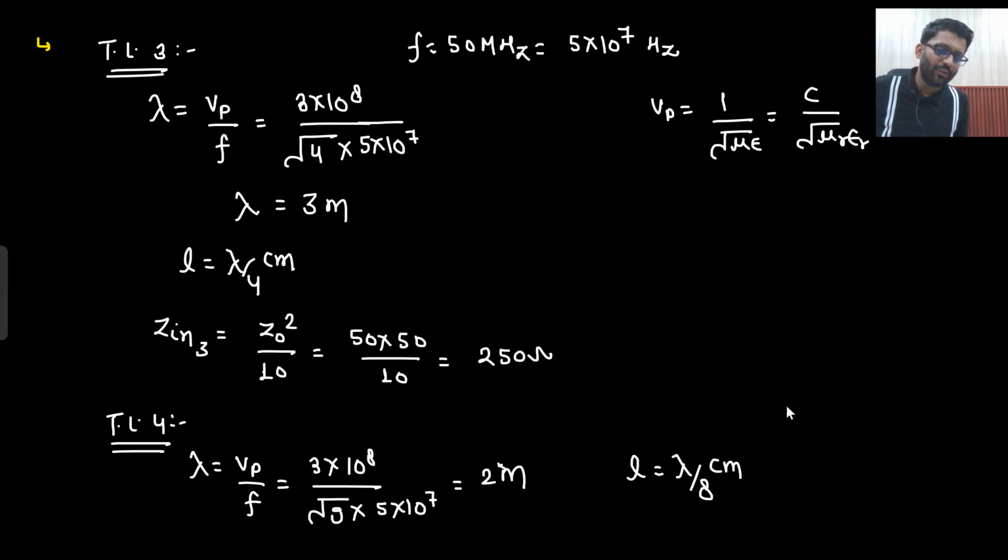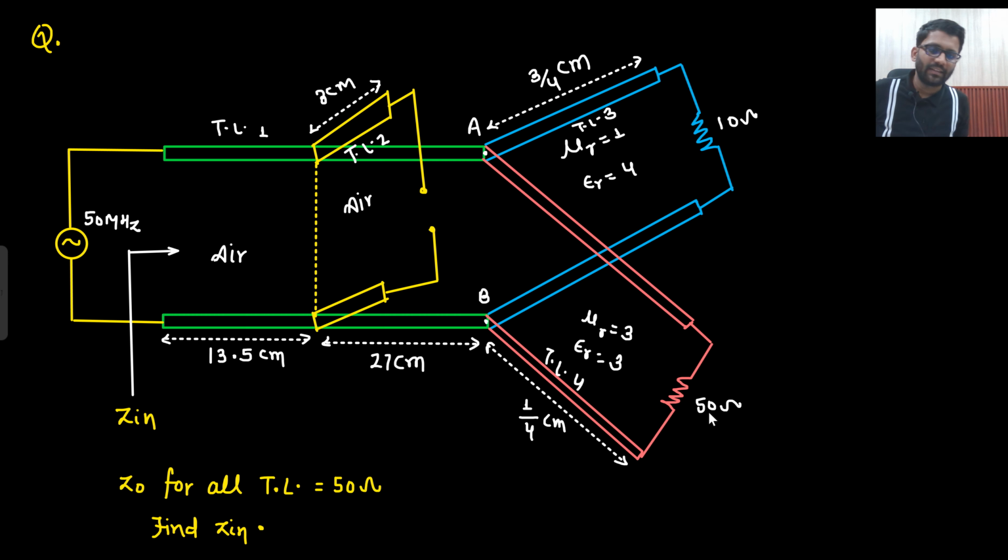So what will be the value of Z in now? Z in 4, I am calling it, will be equal to Z naught into ZL plus J Z naught upon Z naught plus J ZL. Here I can see that Z naught and ZL are the same. Basically, here Z naught is 50 ohm.